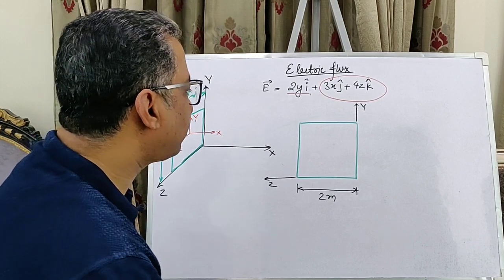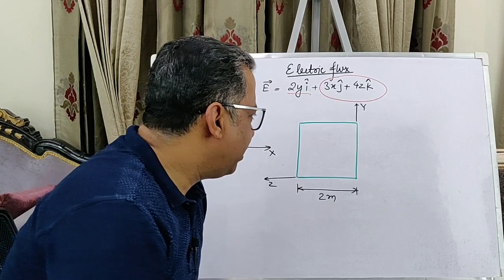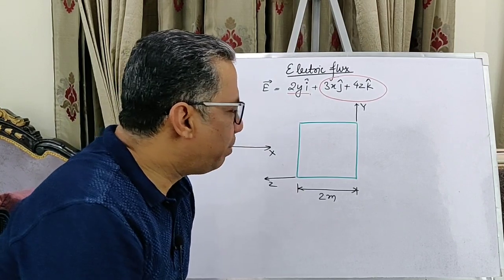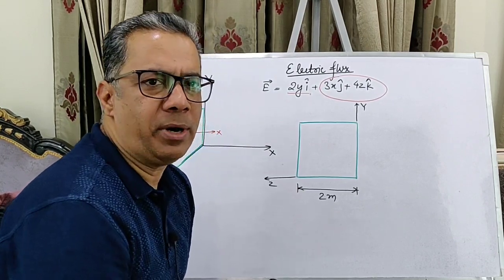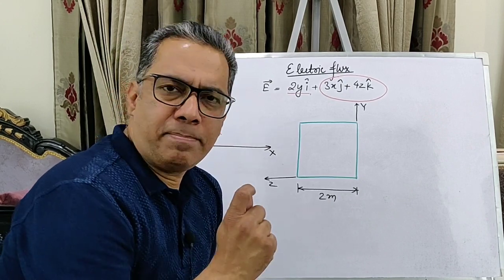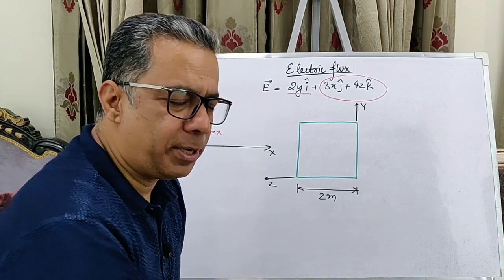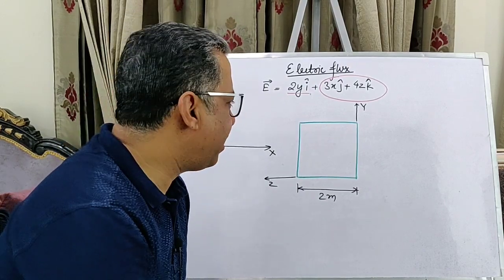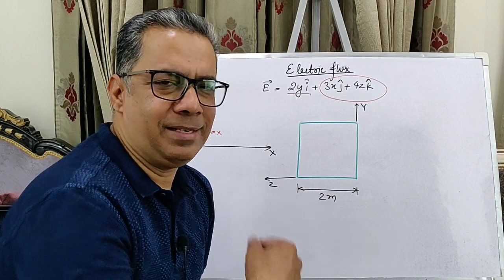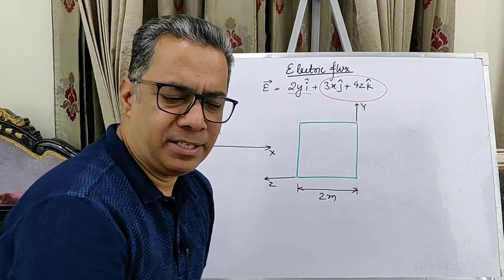Now we have to think of an appropriate area element which would help us calculate flux more easily. Now the idea should be to take up the largest possible area element, because larger the area element, the lesser the work that would have to be done in integration.